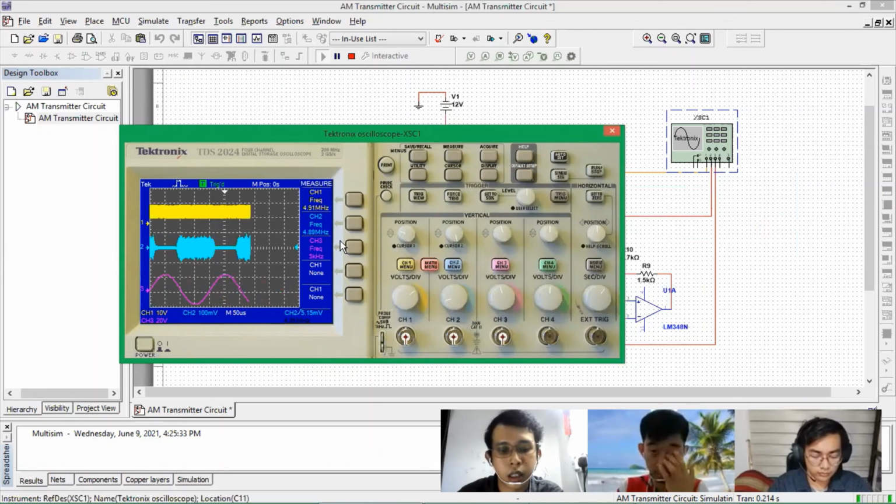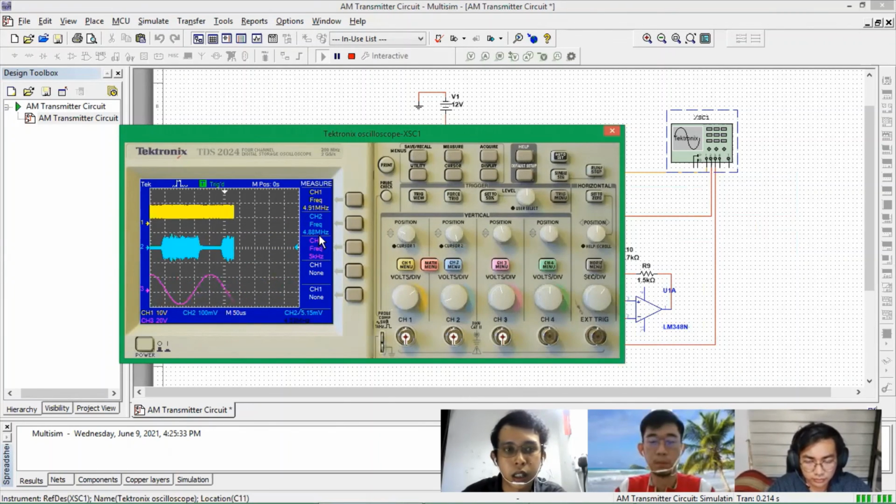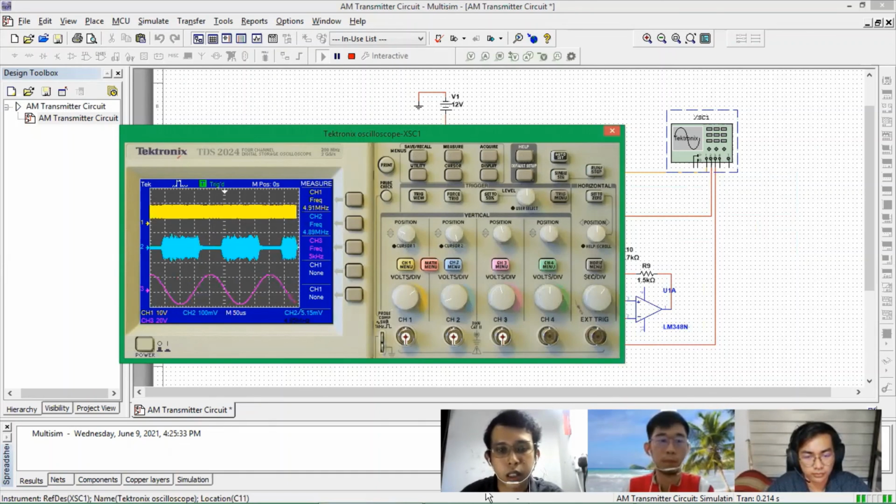It is not exactly the envelope shape. It may be caused by many issues. To improve the circuit, we need to try another oscillator, which is the Hartley oscillator or the Wien bridge oscillator, and we need trial and error to build a better circuit and get a perfect modulated signal.